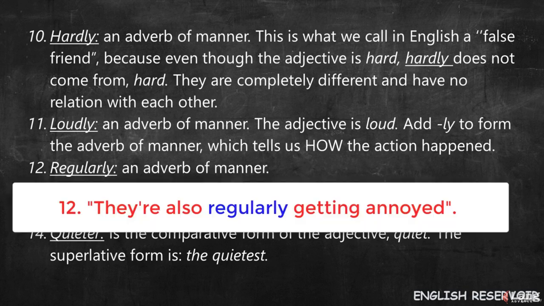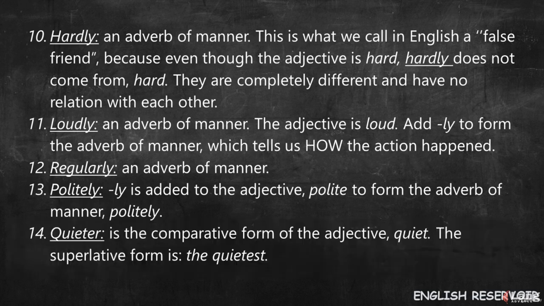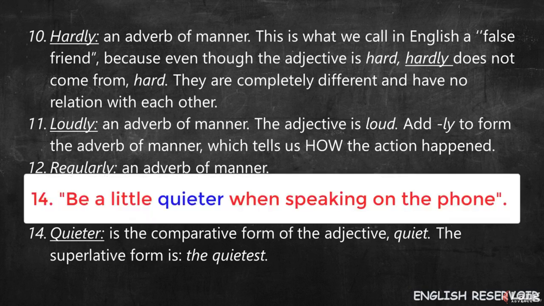Regularly, an adverb of manner. 13. Politely. ly is added to the adjective polite to form the adverb of manner politely. 14. Quieter is the comparative form of the adjective quiet. The superlative form is the quietest.